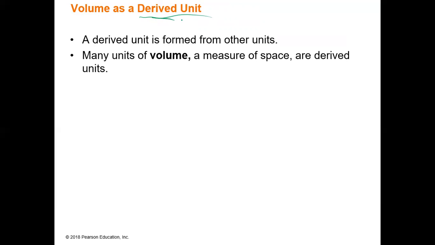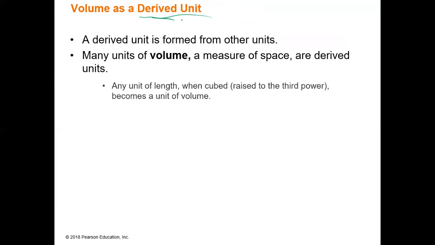So volume is a derived unit, because we see in that table we don't have a volume. A derived unit is formed from other units. So that's what I mean by derived. Many units of volume, measures of space, are derived units.